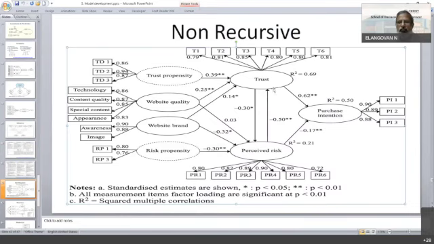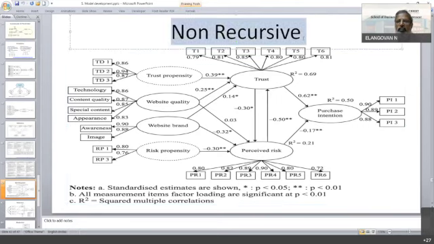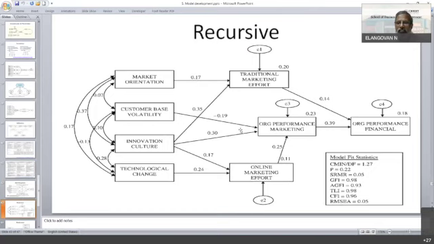I am not showing a mutual relationship, but this is a mutual impact. Trust is impacting perceived risk, and perceived risk is impacting trust. This kind of model is called a non-recursive model, and where there is no return arrow, that is called a recursive model.